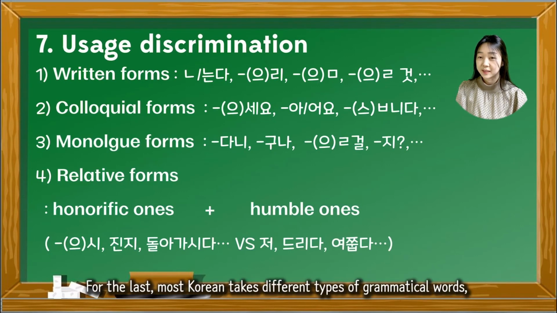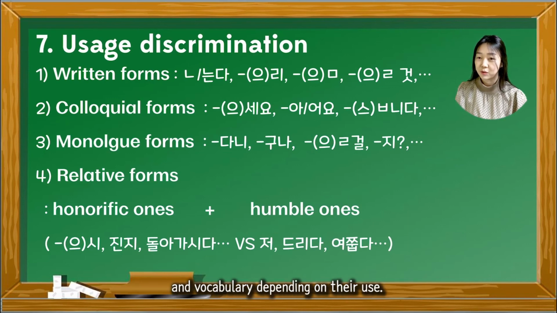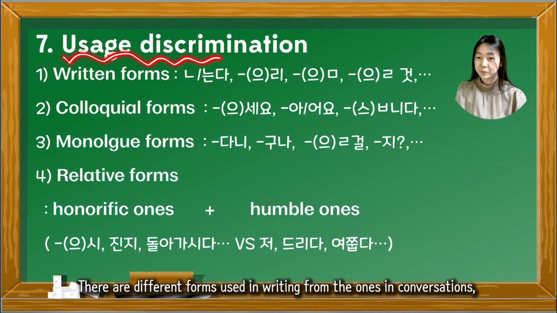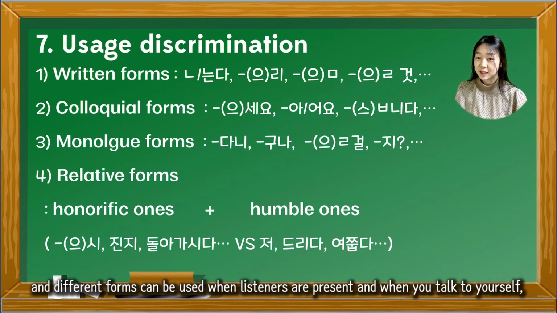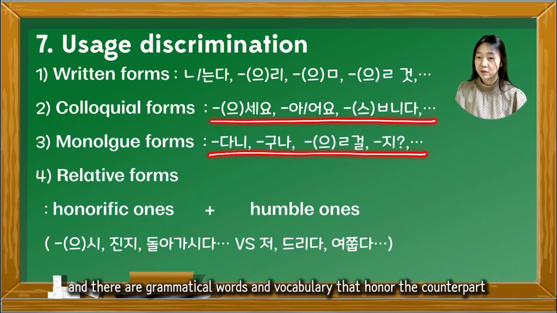For the last, most Korean takes different types of grammatical words and vocabulary depending on their use. There are different forms used in writing from the ones in conversations, and different forms can be used when listeners are present and when you talk to yourself.